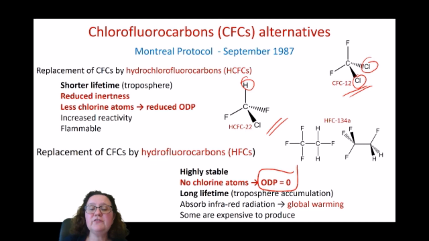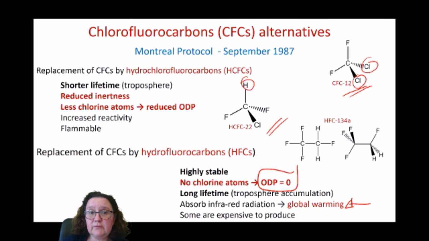They do have the problem that they absorb infrared radiation, so they contribute to global warming, which is another issue that we'll discuss in another video. And some of them are expensive to produce. So there are replacements for CFCs.